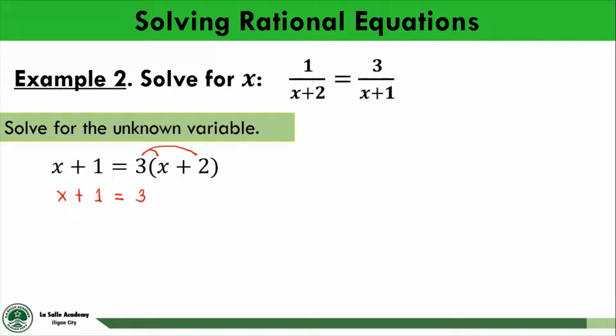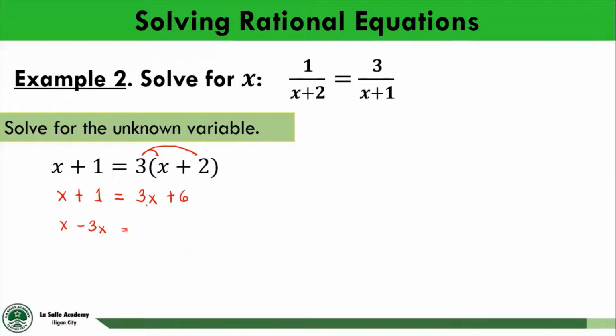So we have 3x plus 6. Now the next thing we're going to do is to combine like terms. x and 3x are like terms. Also 1 and 6 are both like terms. So we can do the transposition method. So x minus 3x, I transpose 3x from the right side of the equation to the left.